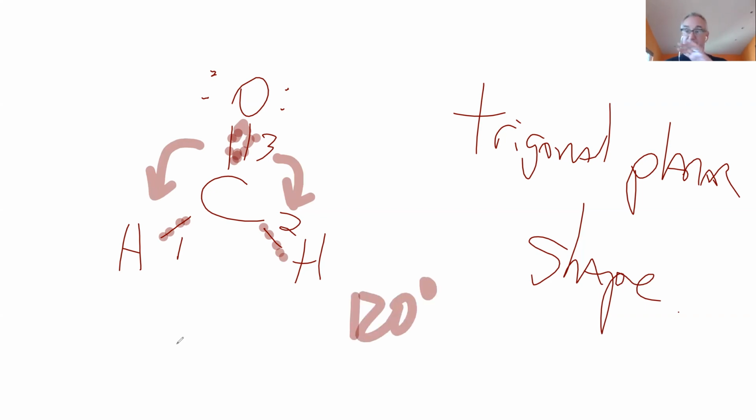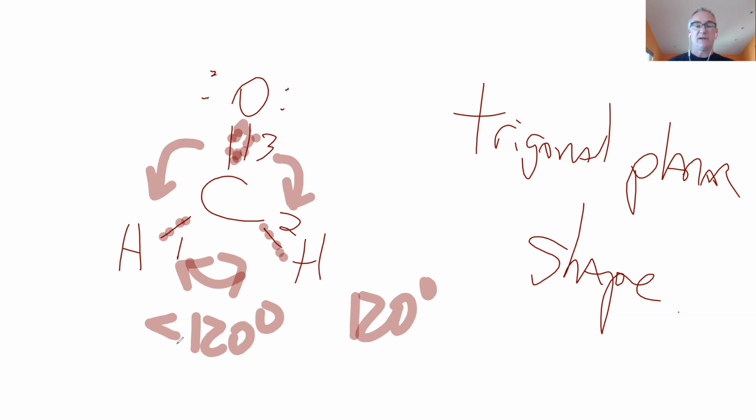If it was completely symmetrical, it'd be 120 degrees. We'll learn that that double bond actually pushes these two hydrogens together so that angle is now slightly less than 120 degrees. So it's important for the shape, but it doesn't matter for the overall geometry. It is still trigonal planar, but its shape will be slightly different based on what those different groups are.